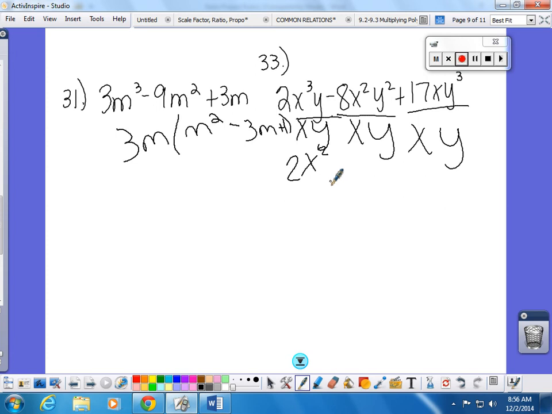So that's right. Now put your x, y right here. Yeah, that's good. And then you'll have minus 8xy plus 17y squared, because the x is canceled. What about that one, guys?